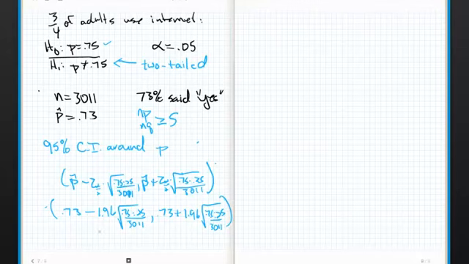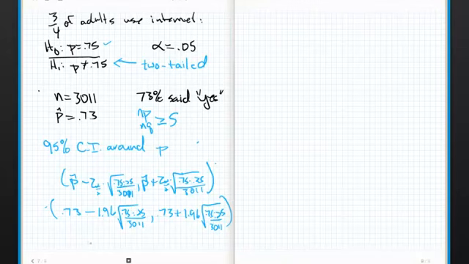So using my fancy schmancy calculator, I really need to get one of those calculator programs where I can do this on the computer screen, so you guys could catch all my errors. So 0.73 minus 1.96 times the square root of 0.75 times 0.25 divided by 3011.